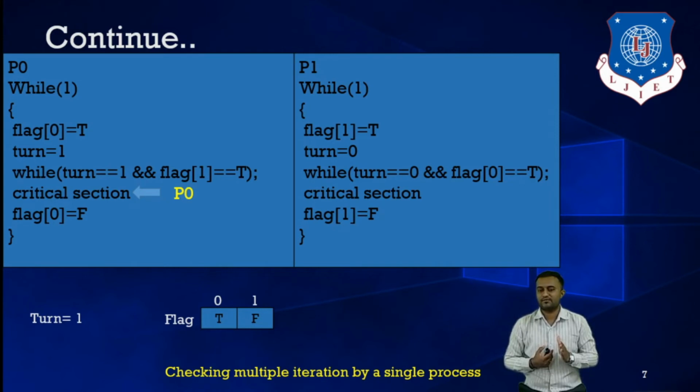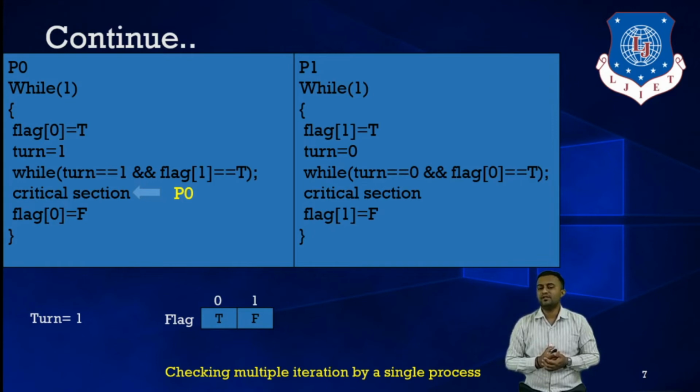Yes, true, the first condition is true, and flag of 1 is initially, as you know very well, set to false. So true and false means false. So now P0 can enter into the critical section, because the condition is false, so we need to come out from the loop. So P0 enters into the critical section.